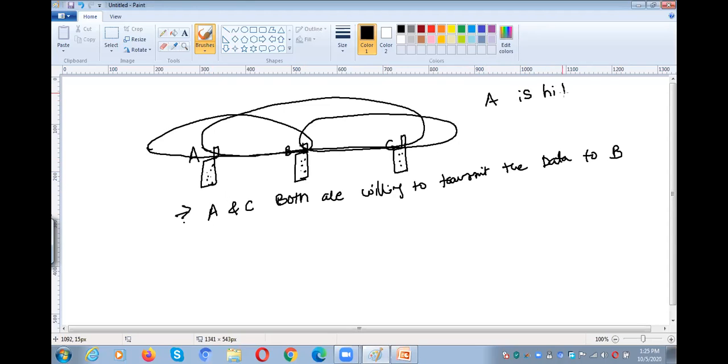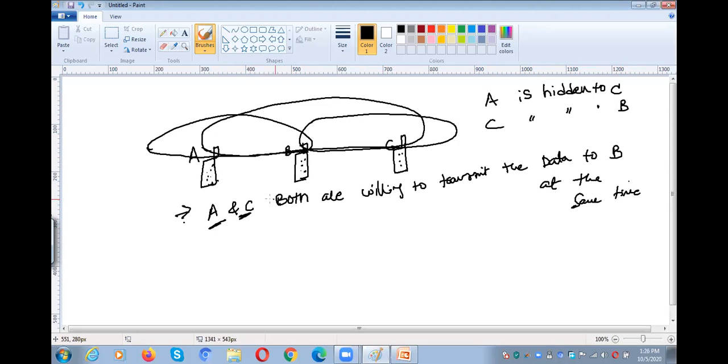A is hidden to C and C is hidden to A. Why? Because in A's transmission range only B is there, and in C's transmission range only B is there. So A is not known to C and C is not known to A. But both A and C are willing to transmit the data to B at the same time.